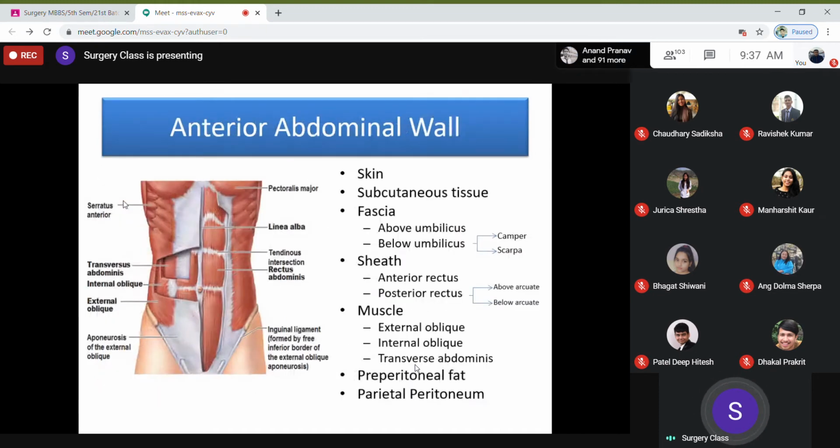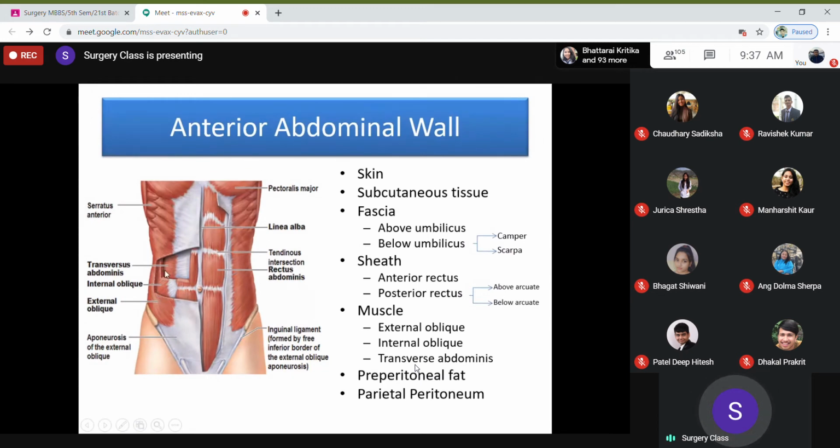Now if you see the muscles covering the abdominal wall, laterally there is serratus anterior, then you can see the external oblique aponeurosis. The most superficial layer is the external oblique, then the internal oblique, then the transversus abdominis.